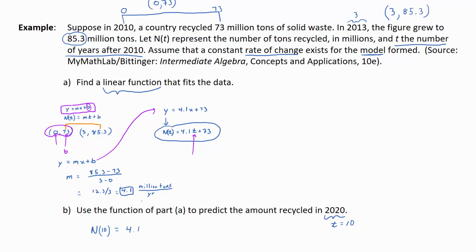So 4.1 times 10. And then you're going to add in the 73. And so that's actually going to be 41 plus 73, 114. And what is that? That's in millions of tons. That's 114 million tons that will be recycled in 2020.